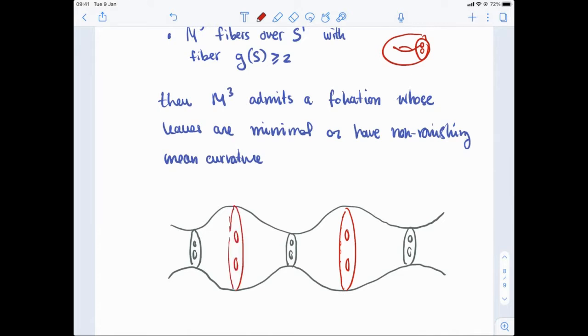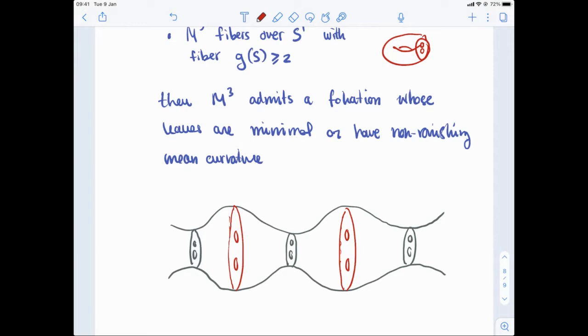This is the min-max that is known as Simon-Smith. It was generalized to situations like this by Marques and Neves in the work on the rigidity of min-max spheres, and it has been used recently by Lyubomir, Ketover, and Antoine Song.